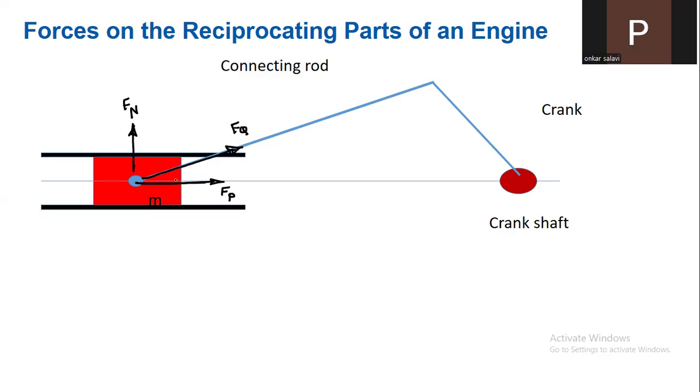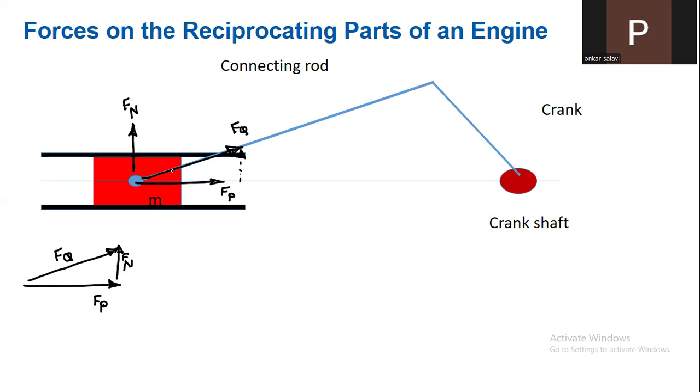These three forces will create one triangle. If I take this Fn here, we get a right angle triangle. The horizontal component is Fp, the vertical component is Fn, and the resultant is Fq.